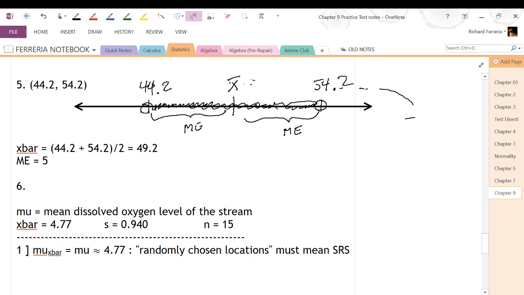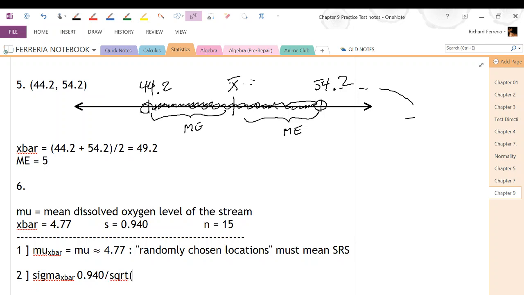Part 2. Sigma x bar, we're going to have to approximate that with 0.940 divided by the square root of the sample size.